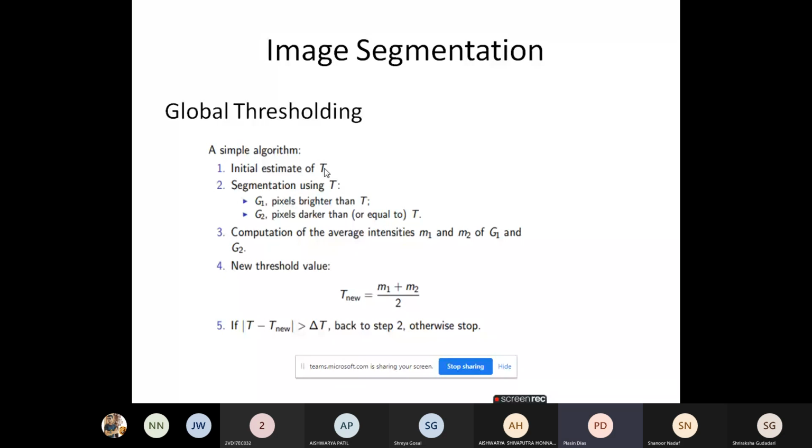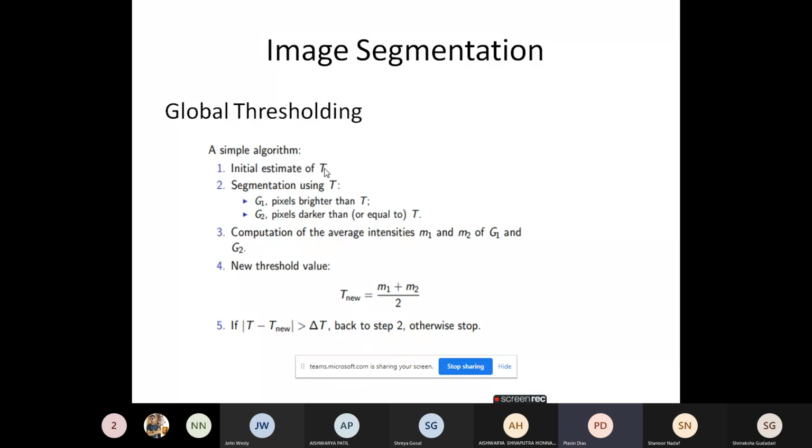So initially you have to estimate the global threshold value T. Then you segment using that threshold. So there will be two groups, group 1 and group 2. You collect group 1 pixels brighter than T, and group 2 pixels darker than or equal to T. Then you evaluate the mean value for those groups, which we have considered here as M1 and M2.